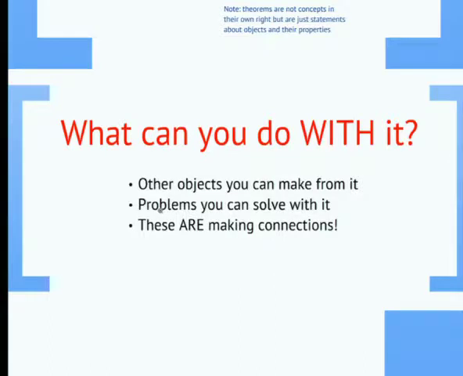Right. We're now up to the last bit. I reckon I'm probably not going to get to Euler's method, but we'll do what we can. What can you do with it? I'm not going to talk about the other objects you can make from it, because that's in Maths 1B, but I am going to talk about the problems that you can solve with a matrix.